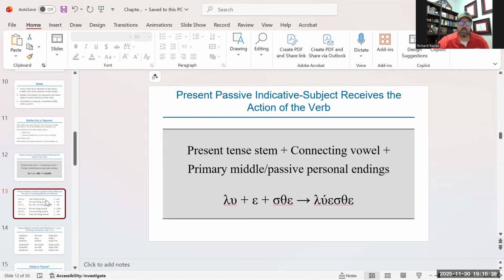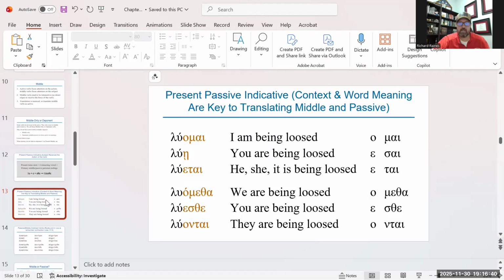And here is the paradigm for present passive indicative. It is exactly the same as the present middle indicative. Luomai, lue, luetai, luometha, lueste, luontai. You can see the difference in the translation.